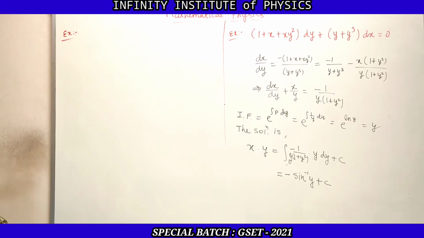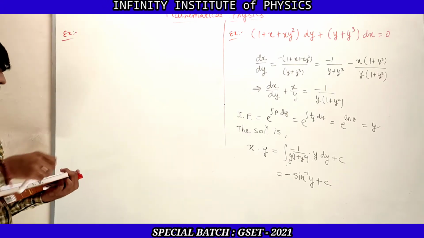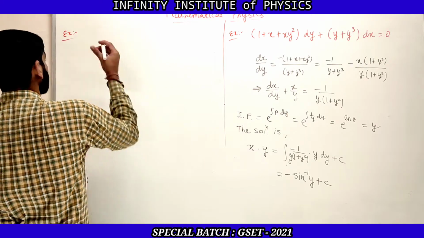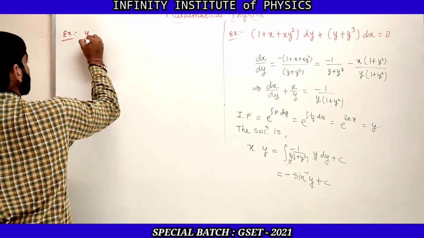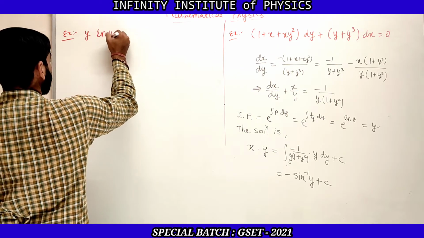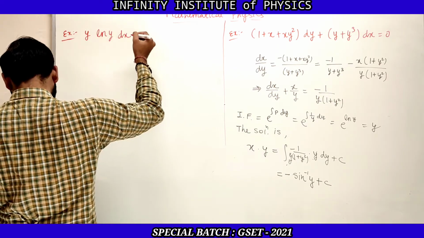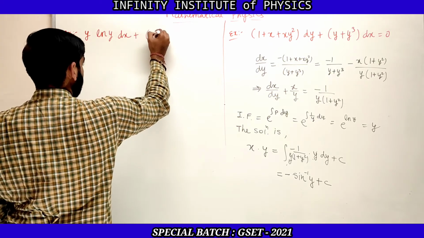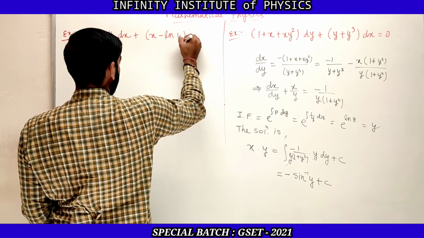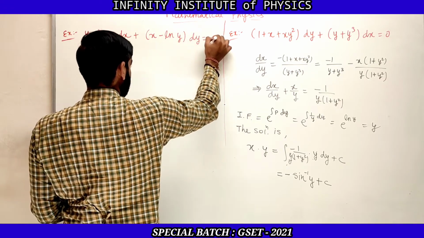So the next one is y log y dx plus x minus log y dy is equal to 0.